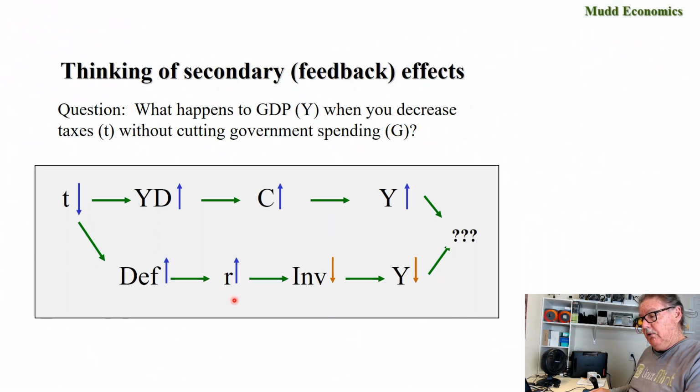The interest rate goes up, investment goes down, and that pulls national income down. So therefore, what happens is going to reflect the net effect of those two. And that's why Macrosim 2 is a much, much better model than Macrosim 1. It allows us to capture secondary effects, and the final impact upon the desired final variable, national income growth, is ambiguous until you actually run the simulation and see how it turns out.